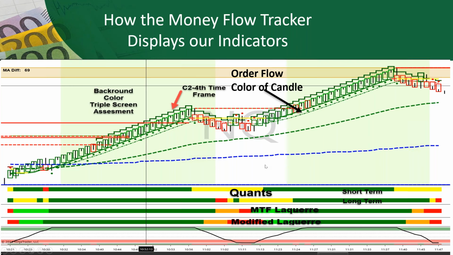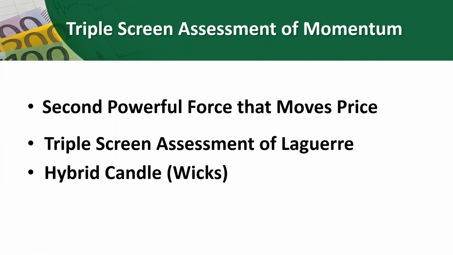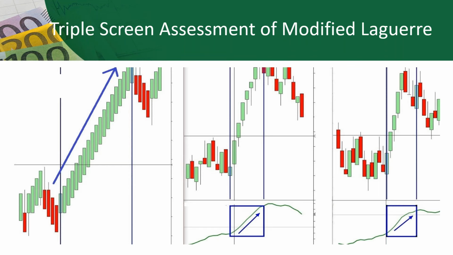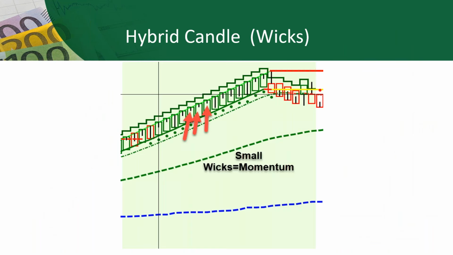So let's keep going. The second powerful force that moves price is triple screen assessment of the Laguerre for momentum and our hybrid candles. So again, triple screen assessment is 3 time frames going in the same direction on a modified Laguerre. And the wicks. We're the only ones that show the wicks inside of a Renko bar.